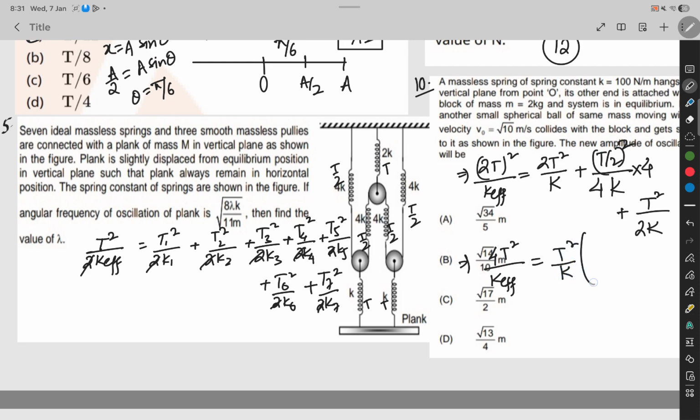This should be equal to T square by k, 2 plus 1 by 4 plus 1 by 2, that is coming 8 plus 1 plus 2, 11, so 11 by 4 T square by k.